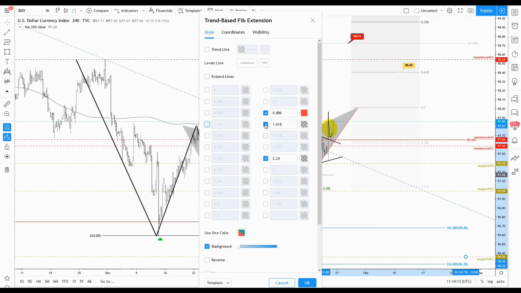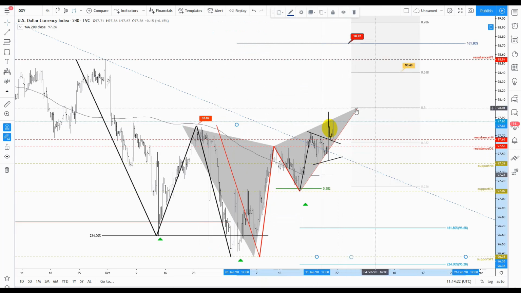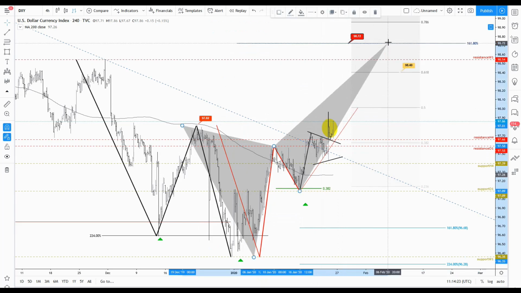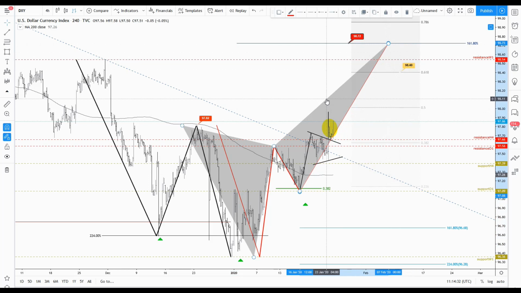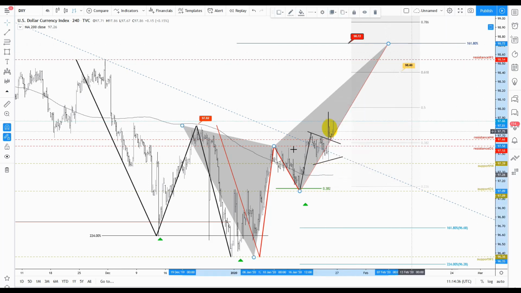I just need 161, and let me change this color to blue. There, exactly. The only pattern that we have at this point, and it will require the Dixie trading or printing new highs above the weekly fractal. It's a bearish, extended bearish crab pattern.